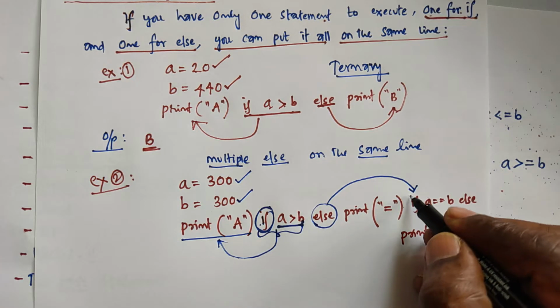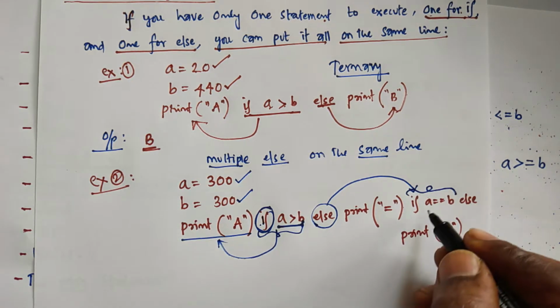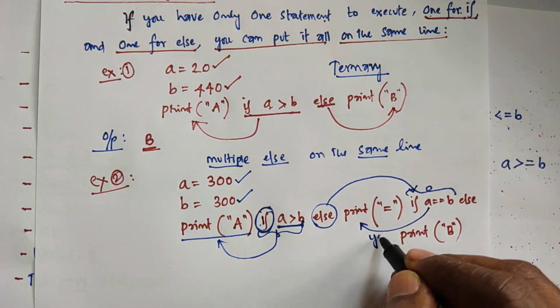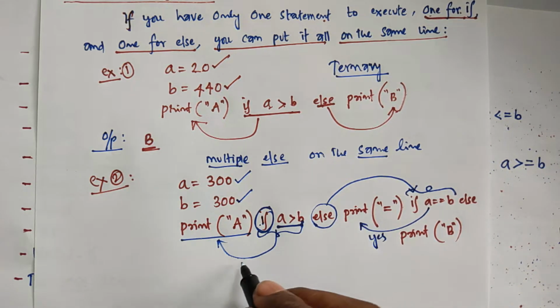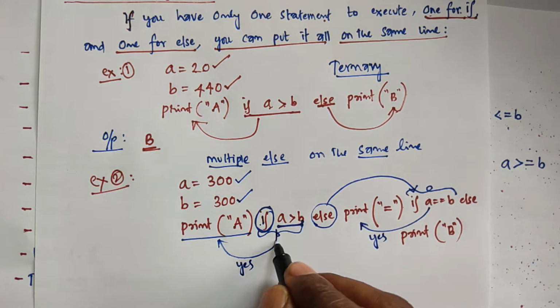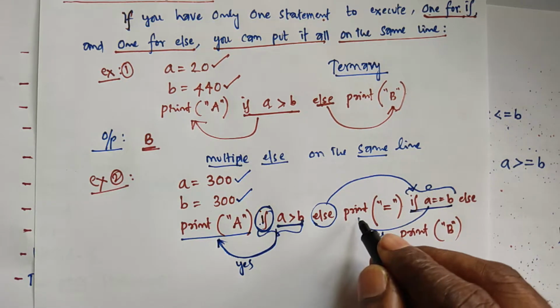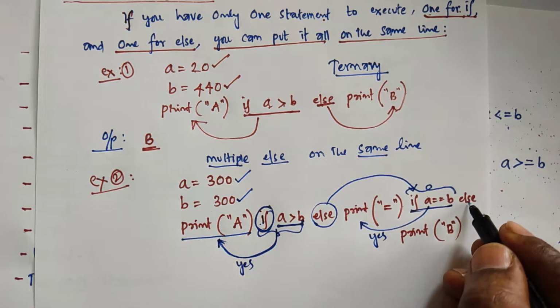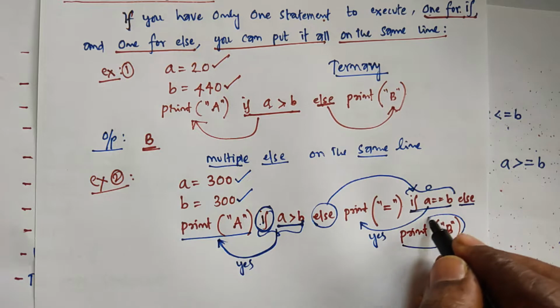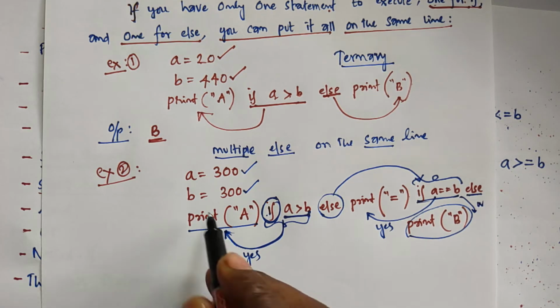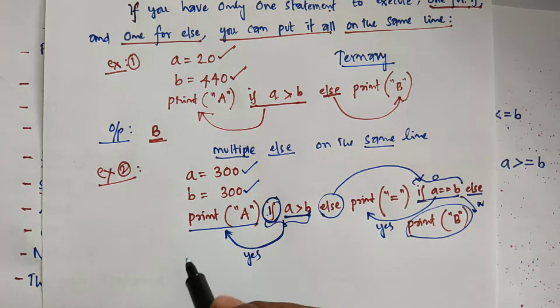Else is followed by another if statement. If the condition is satisfied, that is nothing but yes, it prints that; else it is no. So finally, A is equal to 300, B is equal to 300.